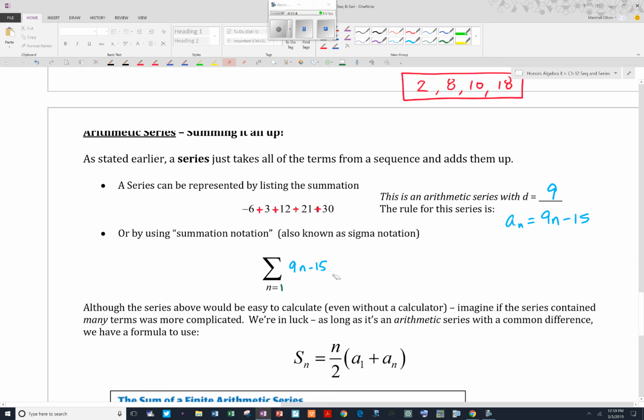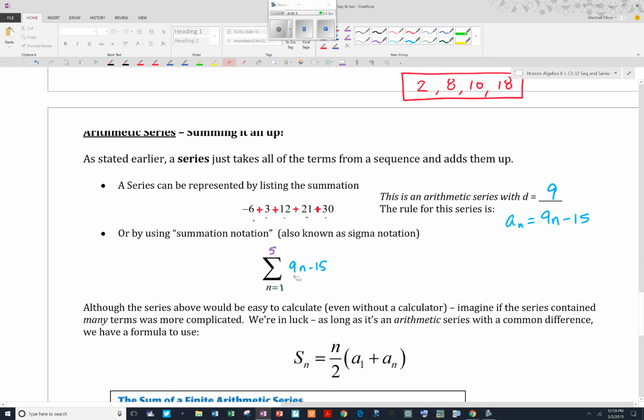If we don't start with a 1, we're not going to get that negative 6. Then we want to represent the summation of these 5 terms, so we want this to be a 5. Again, this means put in a 1, a 2, a 3, a 4, and stop when you put in a 5.